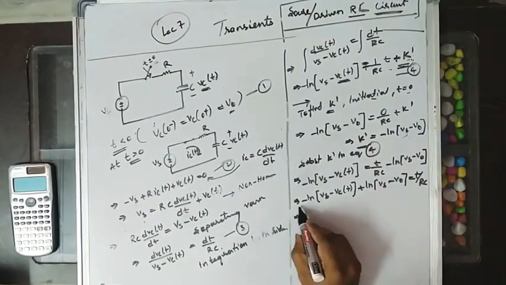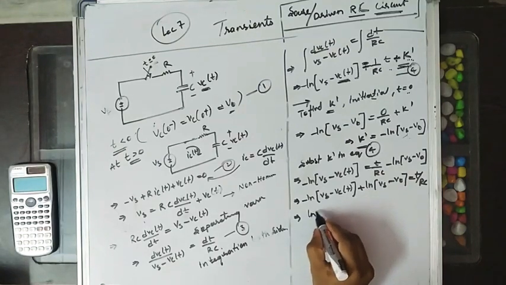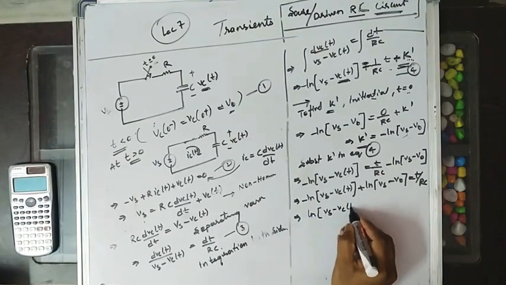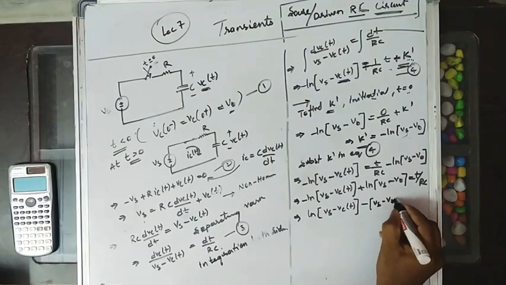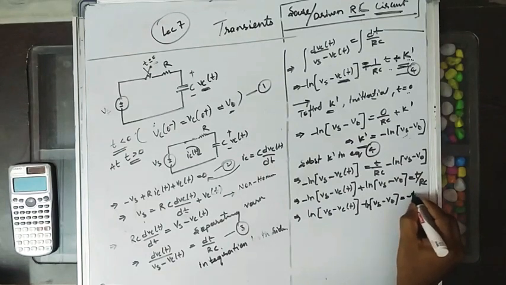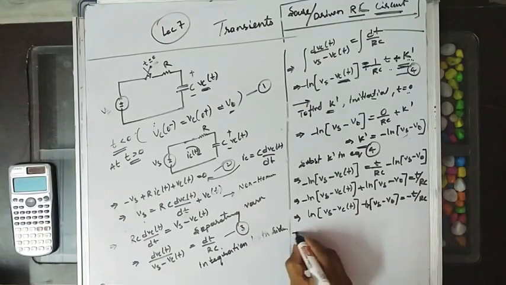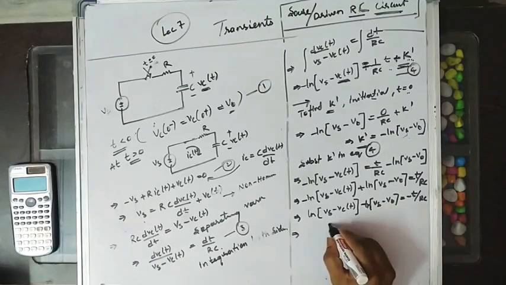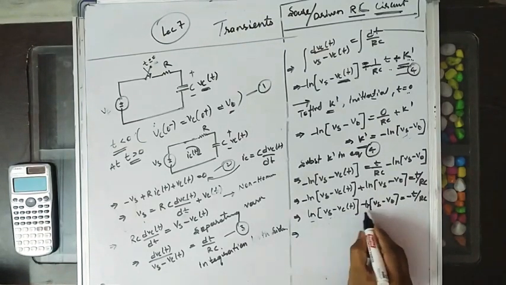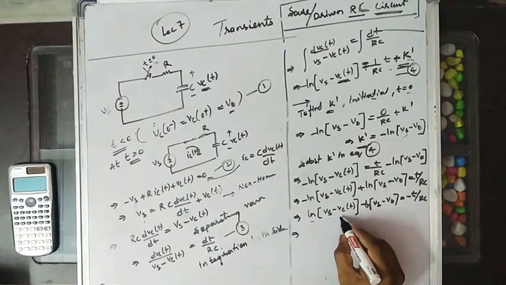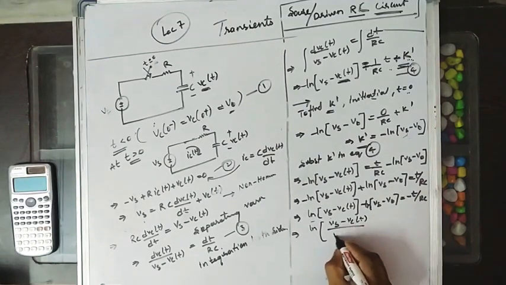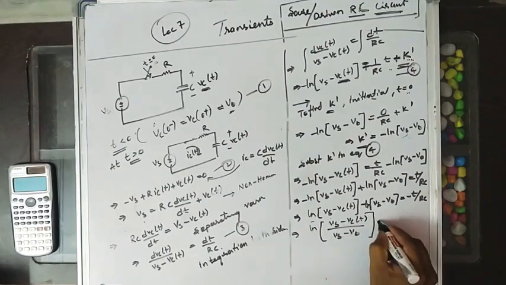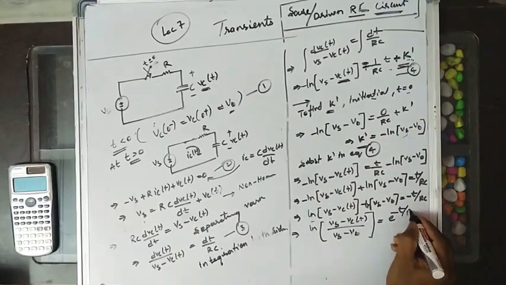Now multiply by minus, so Ln of Vs minus Vc of t minus Ln of Vs minus V0 equals minus t by RC. This is Ln x minus Ln y, which means Ln of x by y. Transforming it to this form, the ratio of Vs minus Vc of t to Vs minus V0 equals e power minus t by RC.